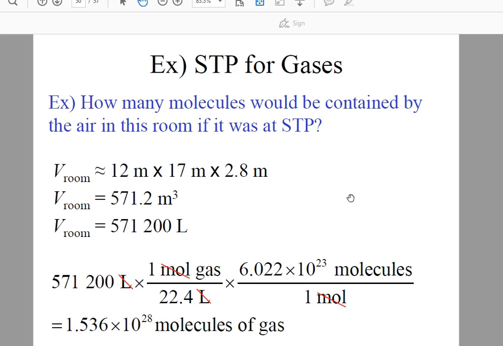What power did you get? Yeah. As long as you got 1.5 something and it's the right power, really the power is the most important there.